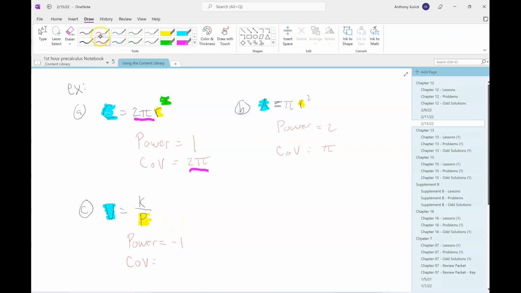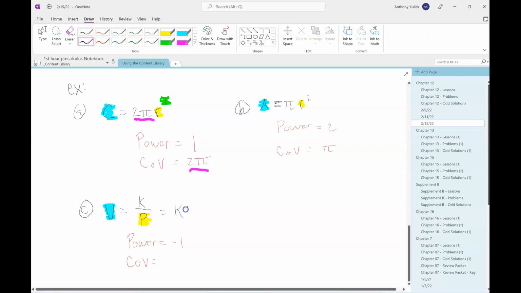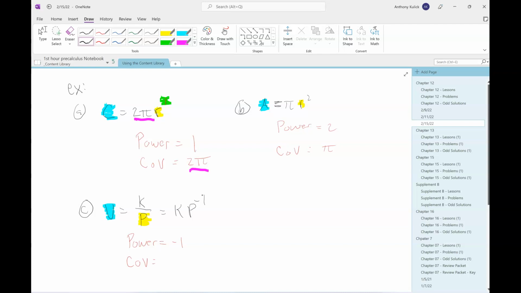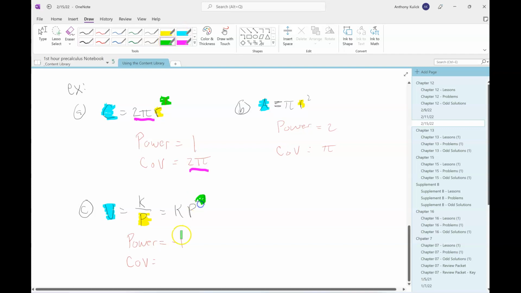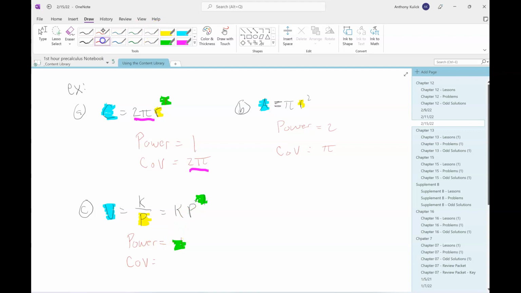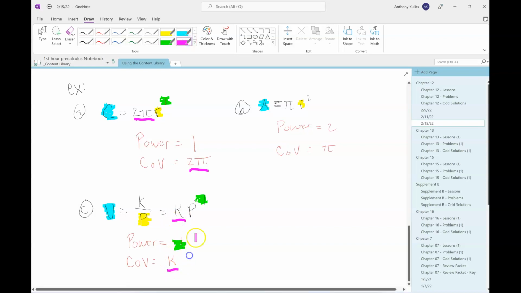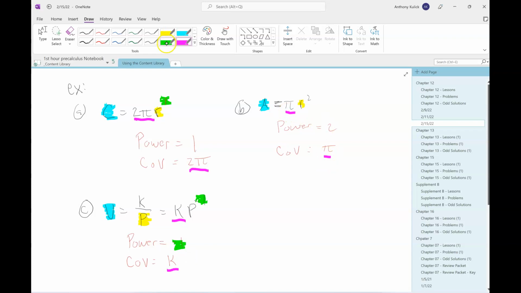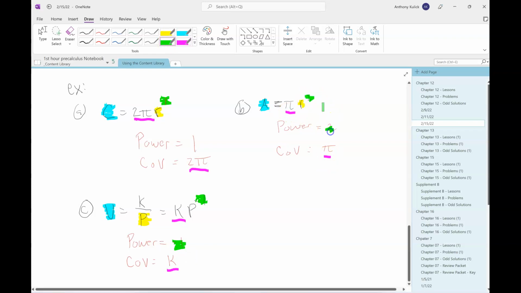Very good. Remember that you could think about this as k times p to the negative 1. Also means the same thing. And there it's really obvious that the power should be negative 1. And what's our constant of variation then? So I can color code the rest of this.